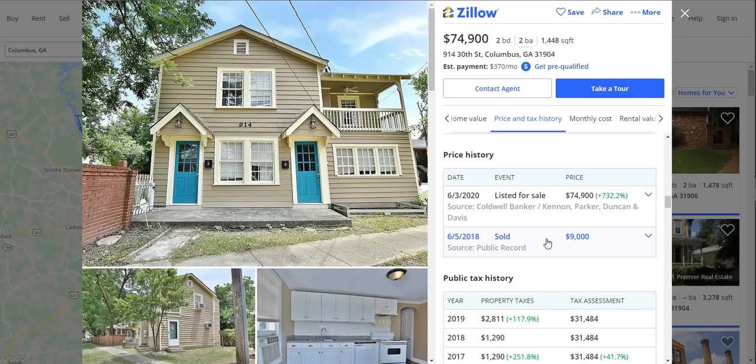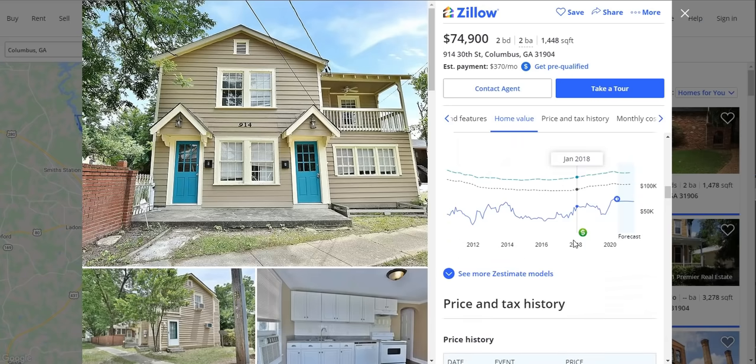So let's look at the price history for just a moment. Zillow usually just goes back to the last sale. Sometimes you may get a little more data than that, but there's something interesting here on this property. According to Zillow, this property was last sold in 2018, June 5th to be exact, and it sold for only $9,000.